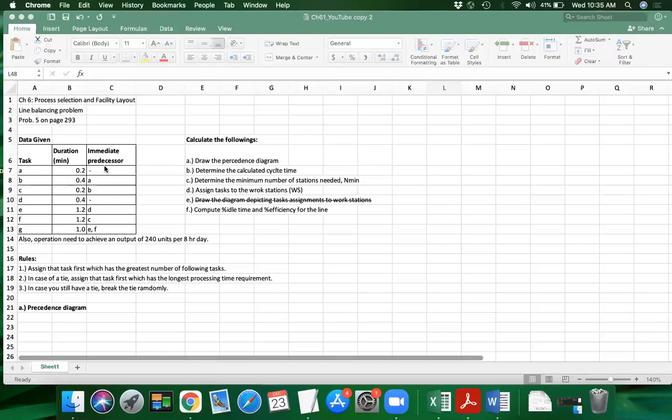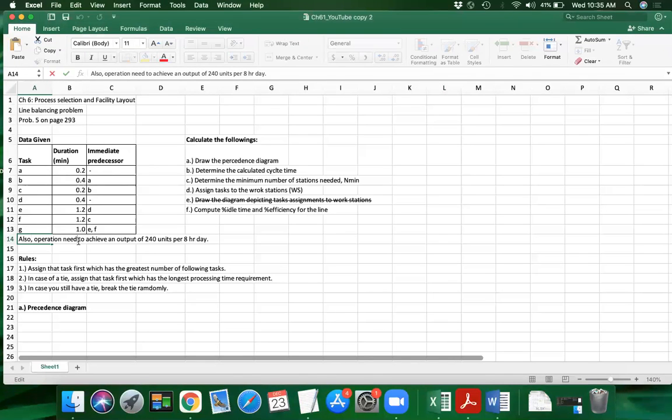We'll go through that as well. You have also been given the information that the operation needs to achieve an output of 240 units per 8-hour day. So we want to make sure that we produce at least 240 units in a day, and a day has 8 hours. Okay, so this will establish our cycle time.